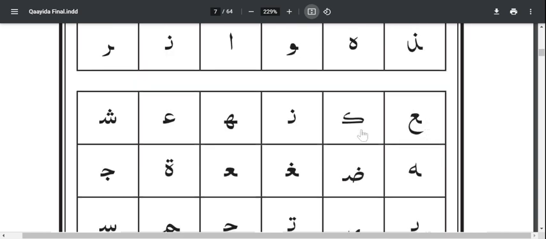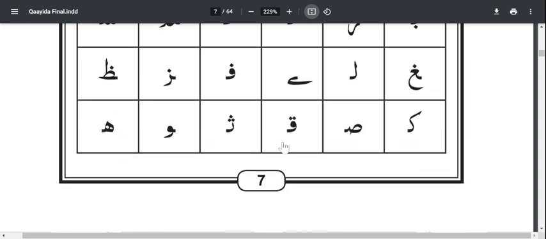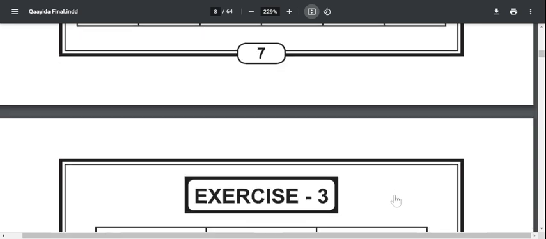Let's practice further. Ain, kaf, noon, ha, ain, sheen, ha, dad, ghain, ain, ta, jim, ba, ra, ta, ha, meem, sin, ghain, lam, ya, fa, za, za, kaf, sad, qaf, tha, waw, ha.